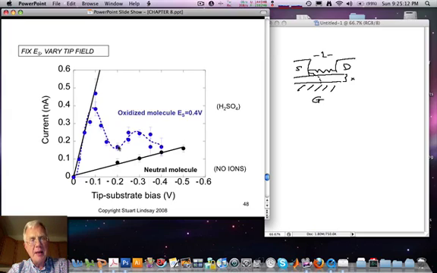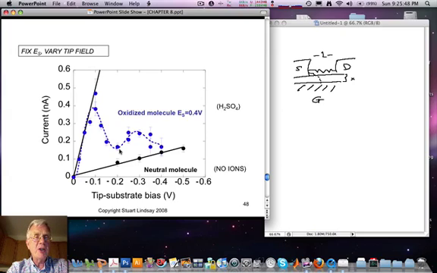What is happening here is the electric field between the tip and the substrate opposes the surface polarization set by the electrochemical control of the surface polarization. At this point here, the molecules are driven back into their insulating state, and so the conductance falls.